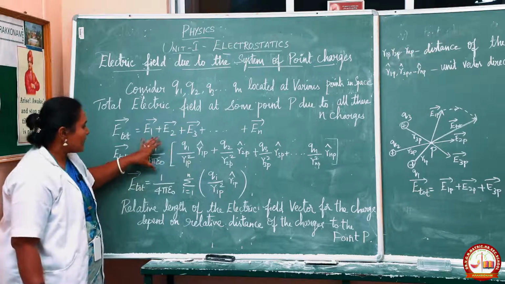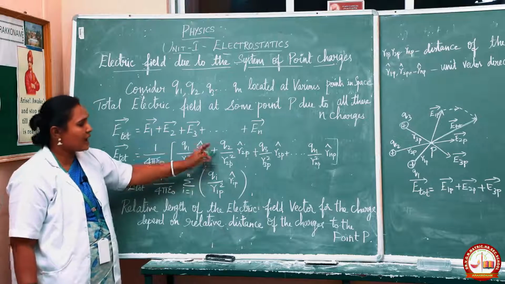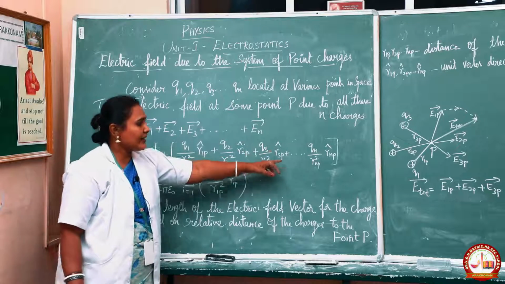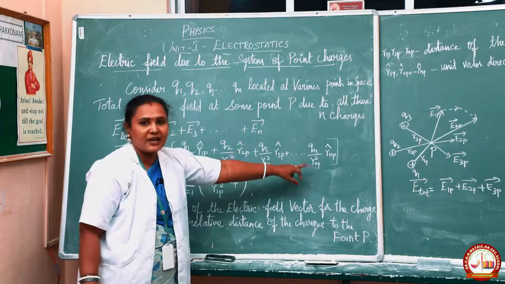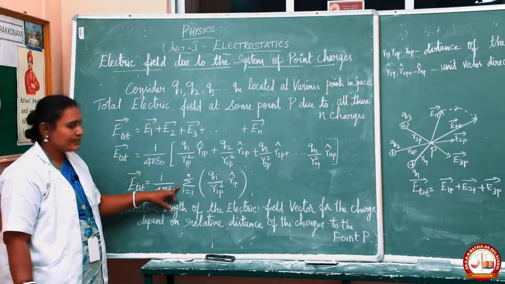Now, instead of writing plus Q2 divided by R2p square R2p cap, and so on up to Qn divided by Rnp square Rnp cap, we use a summation.